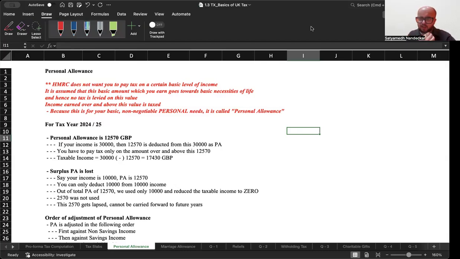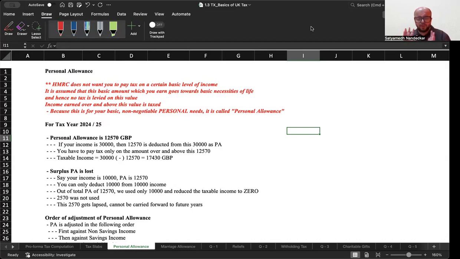Coming back to our discussion on personal allowance. We discussed what personal allowance is. By the way, the number is 12,570. According to the tax authorities in the UK, 12,570 is what a person would need to carry on with his life and pay for his basic non-negotiable expenses.